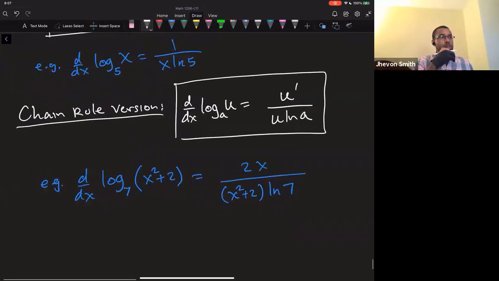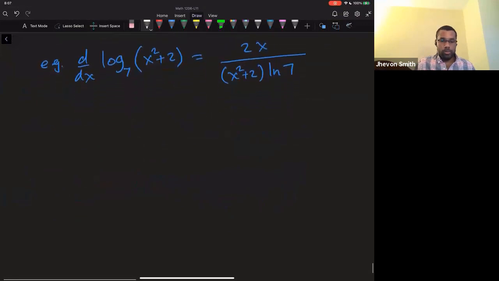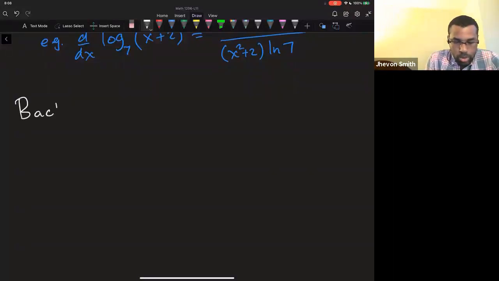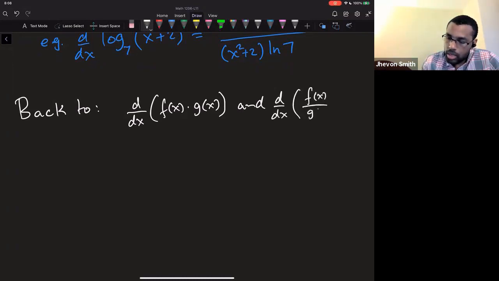Let's go back to something that we were worrying about earlier. Back to the derivative of f of x times g of x and the derivative of f of x divided by g of x.